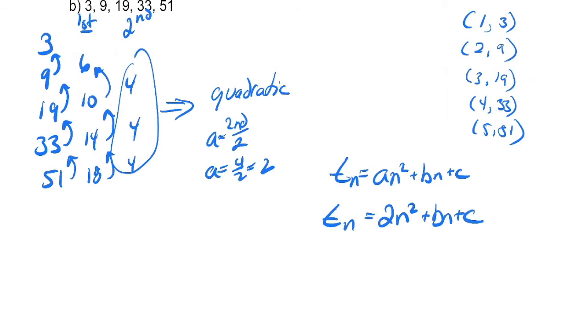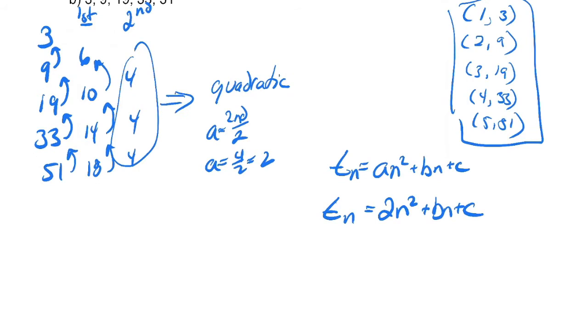So how do we figure out b and c? Well, we're given some points on our equation. Let's look at the easiest two, maybe 1 and 2. So t of 1 is 2 times 1 squared plus b times 1 plus c. And we know the value of t of 1 is 3.